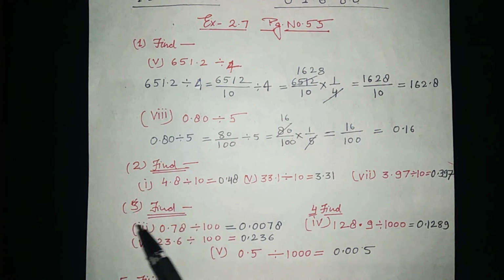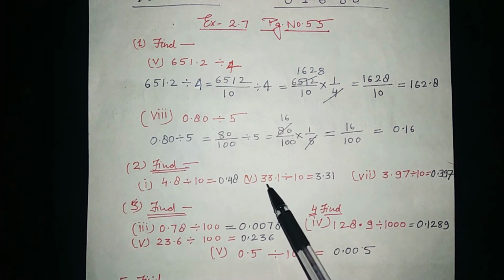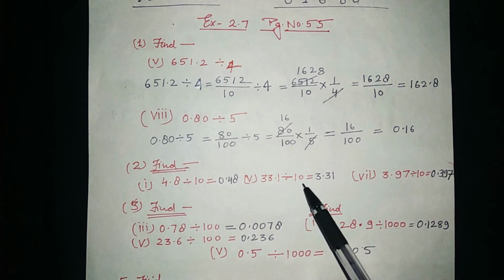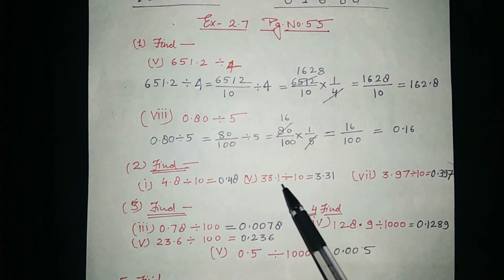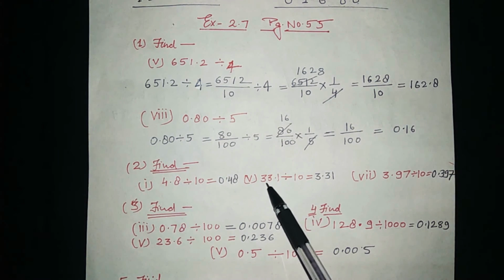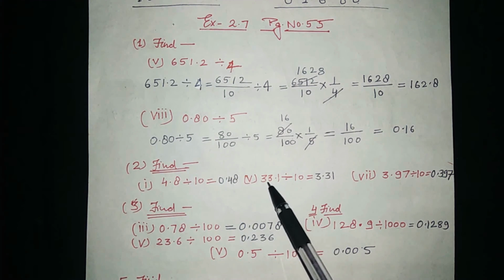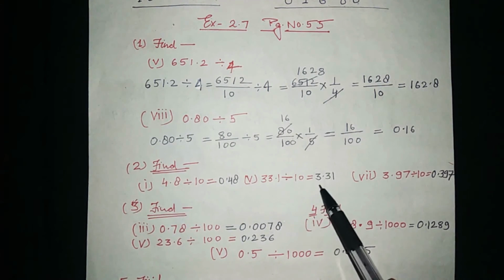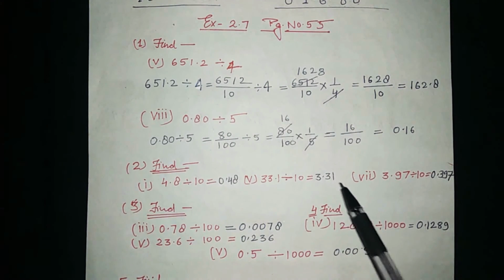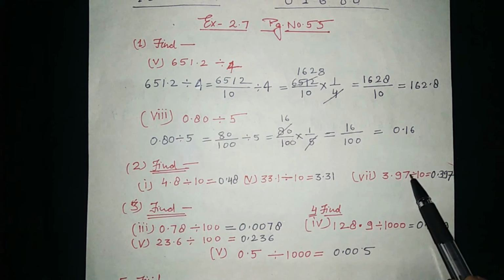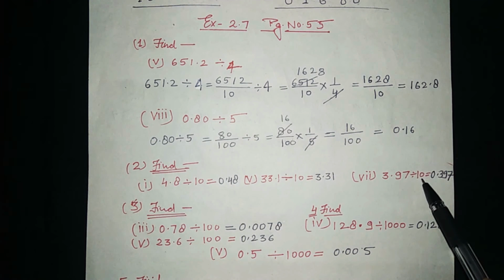See. Now the next part, 33.1 we have to divide by 10. So 33.1 divided by 10, here the same thing we will do. We will shift the decimal which side? Left side, and how much place? By 1 place only. So the answer will be 3.31. Now see the next part, 3.97 divided by 10.